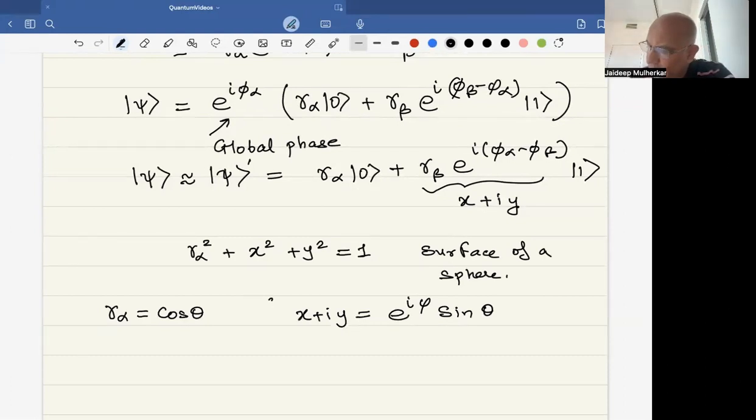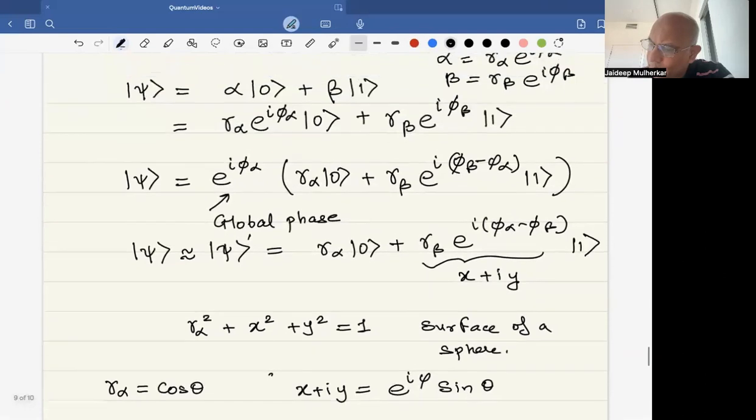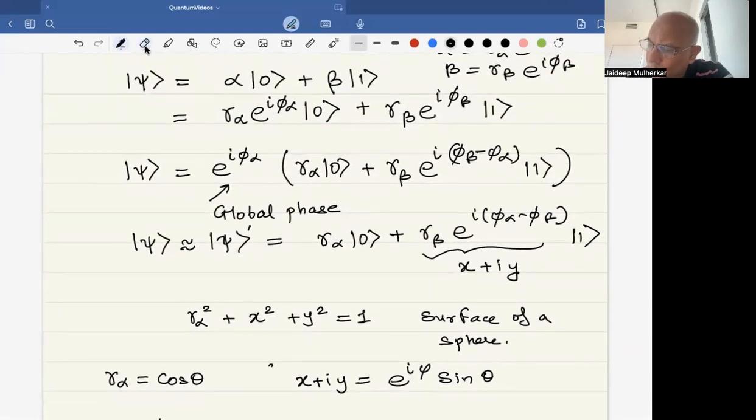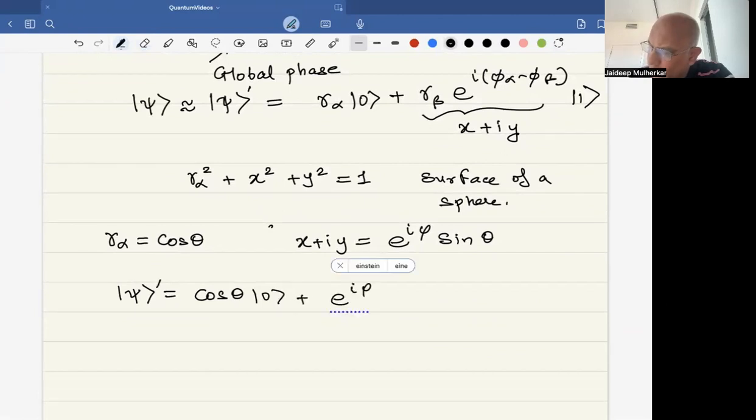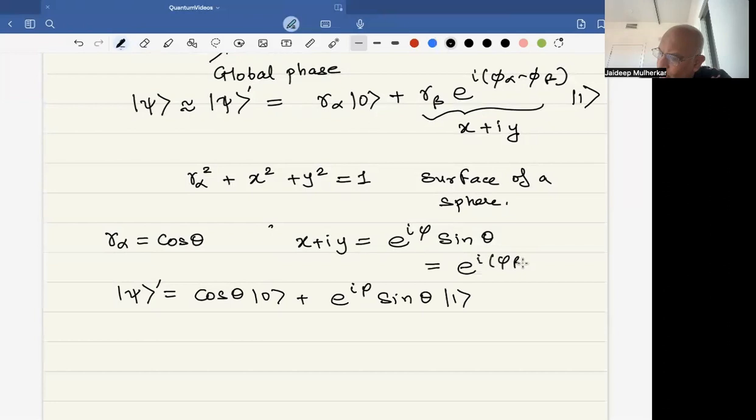And then I can write psi prime as cos theta ket 0 plus e to the i phi sine theta ket 1, where this e to the i phi is actually equal to e to the i phi beta minus phi alpha, and R beta is sine theta. So because of this normalized condition, I can write this.